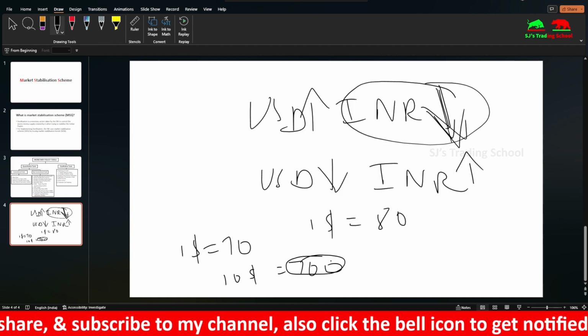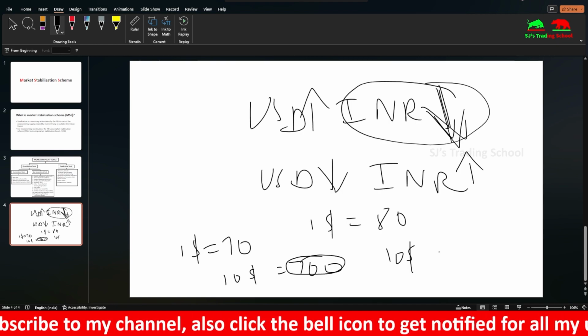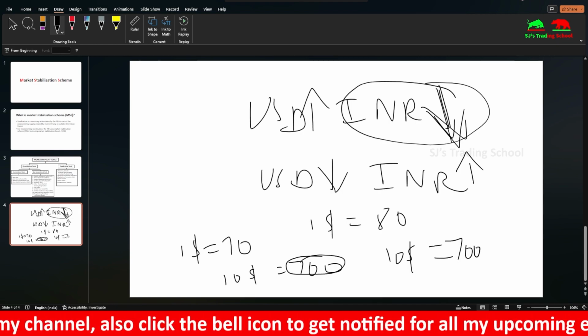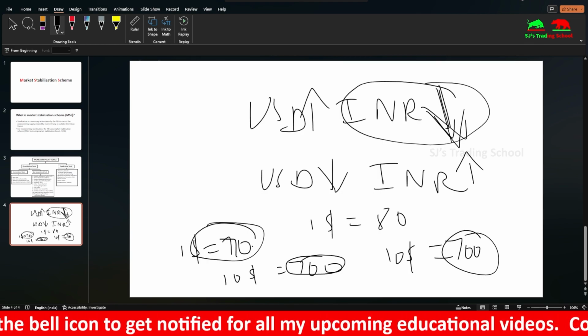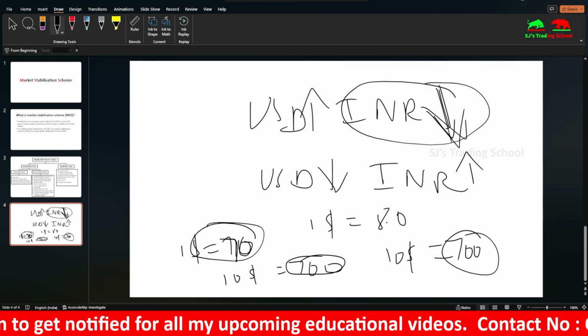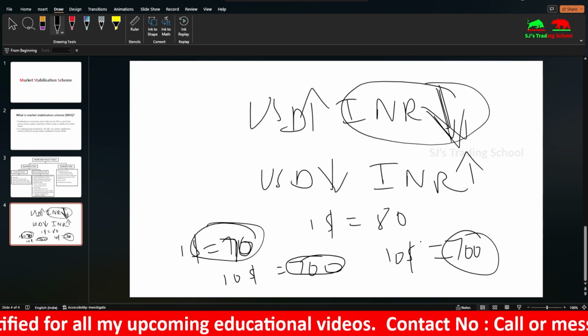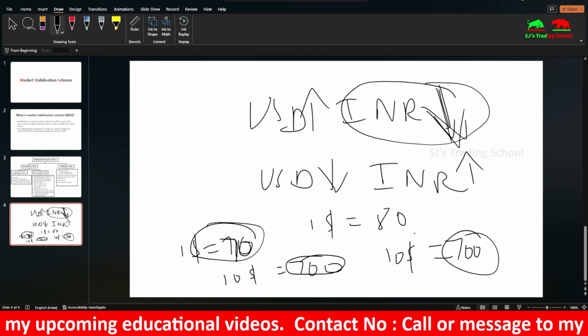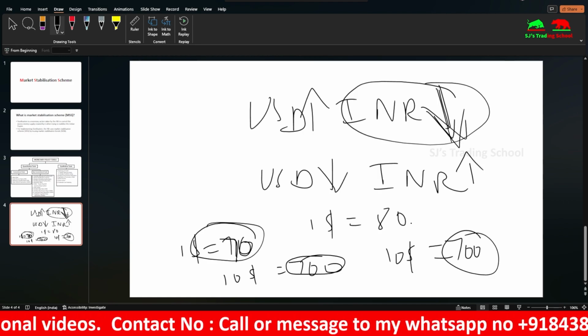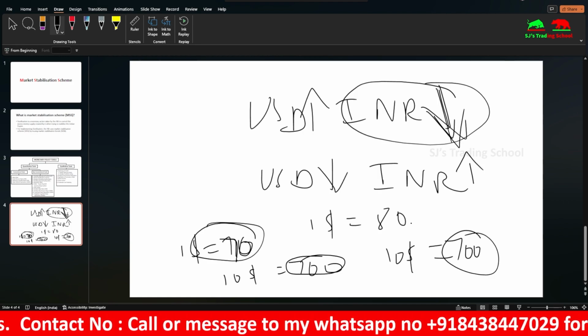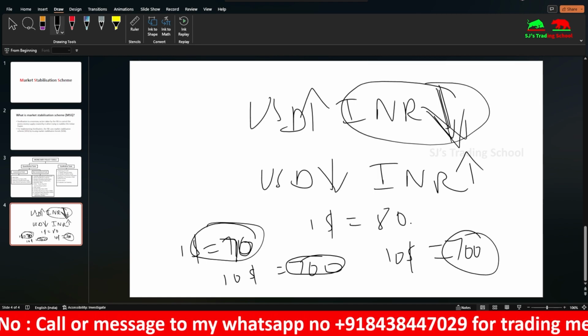But if I'm exporting $10 worth to the USA, I will only get 700 rupees as income. So if the Indian rupee appreciates by 10 rupees, I will be getting less income if I'm exporting. So for importers it is good and for exporters it is bad. So there is one positive and one negative in both cases, appreciation and depreciation.